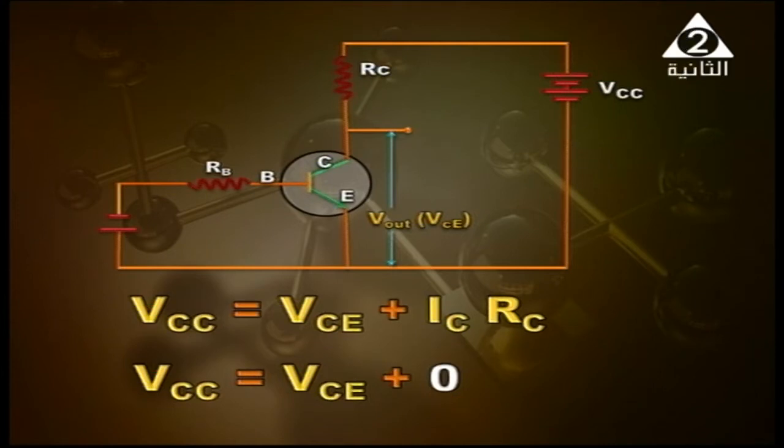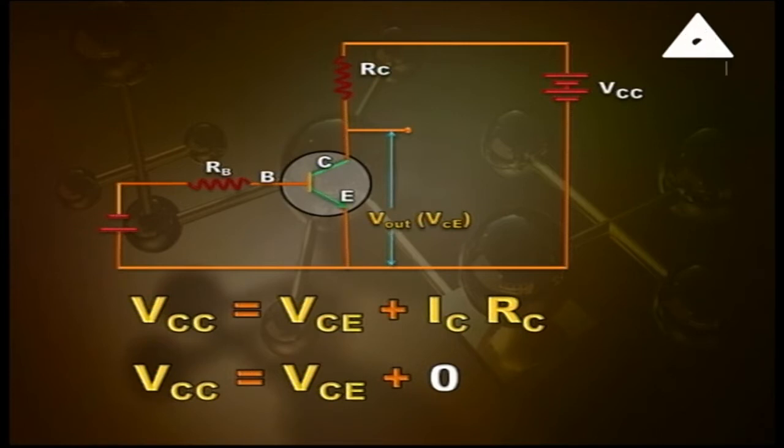The question is why? Once again, base current in this case is 0. When the base is connected to a negative potential, no current passes through it, and of course no current passes through the collector. So I C R C equals 0. I C equals 0, the product will be 0.